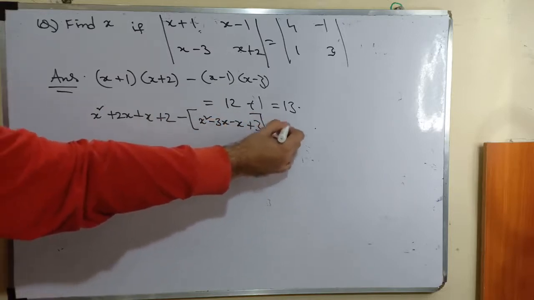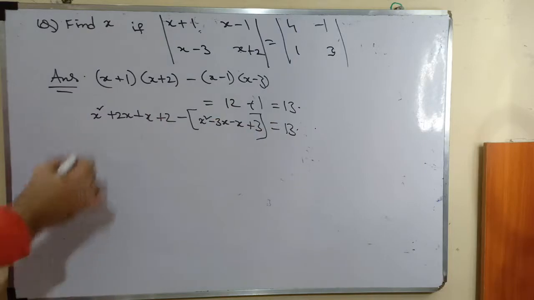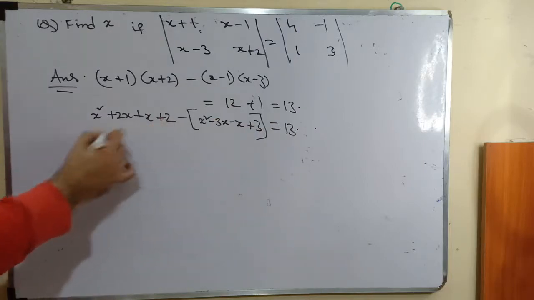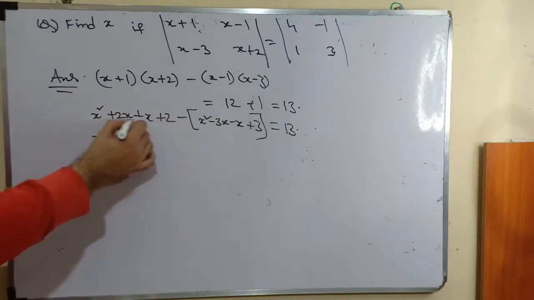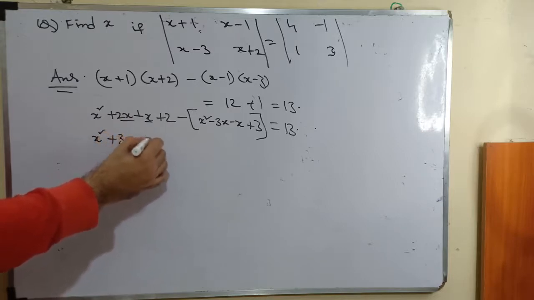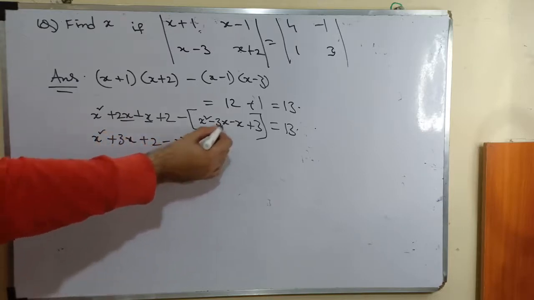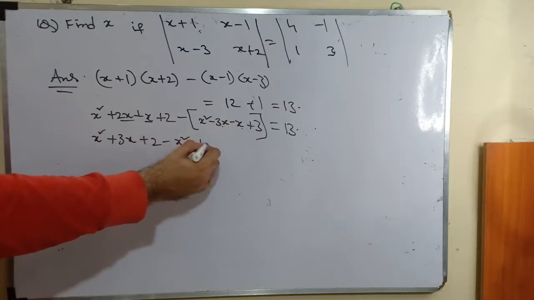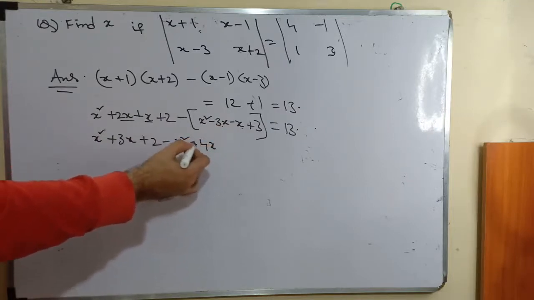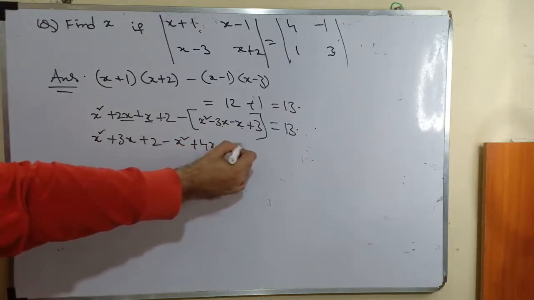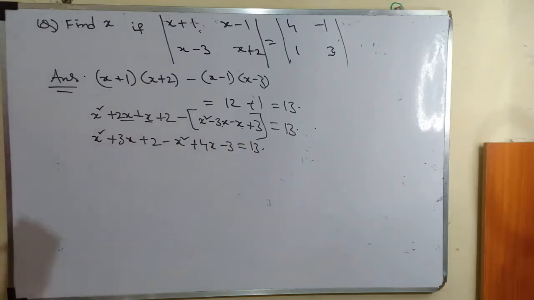So when we expand, this is what we get. So again, we'll take the negative sign. x square plus 2x plus x is 3x plus 2, minus of x square 3x, that is minus 4x. So plus here and minus 3, that is equal to 13 over there.